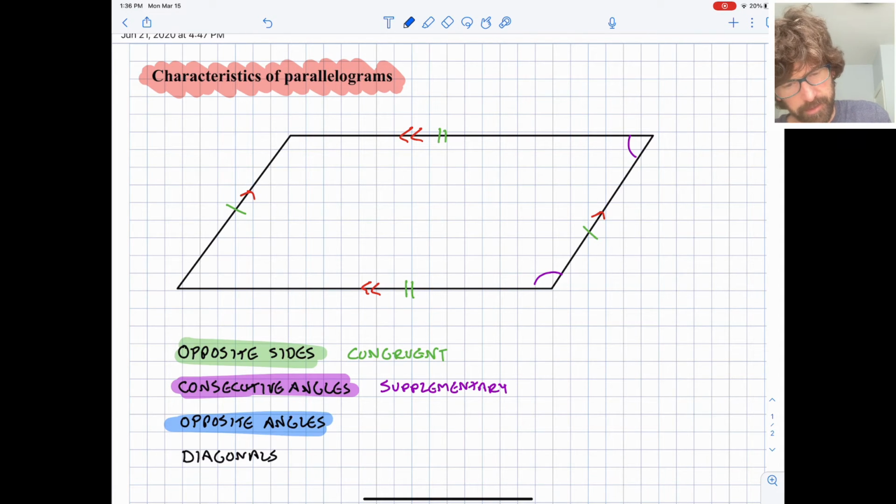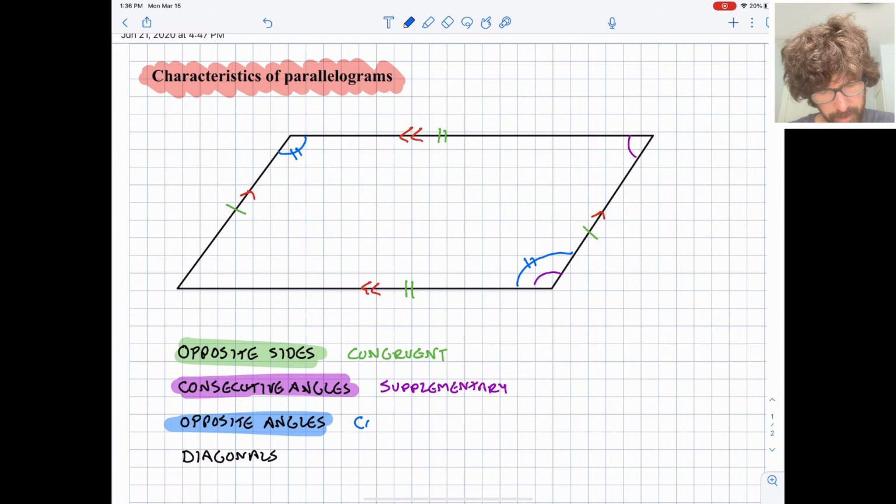So what can we conclude or infer about these two blue angles? They're going to be congruent. Okay? Those are definitely congruent. And it looks like they're obtuse, and we will also have a second pair of congruent acute angles in this case.